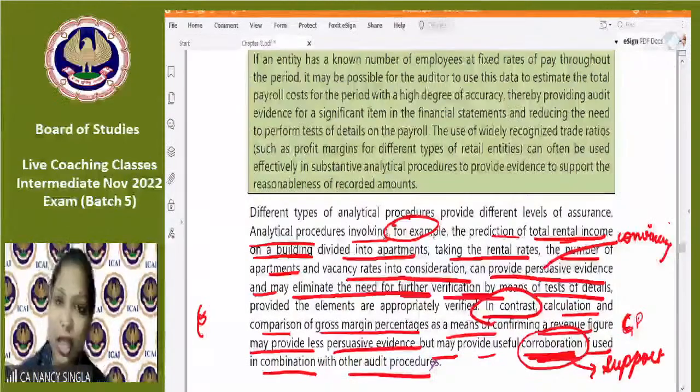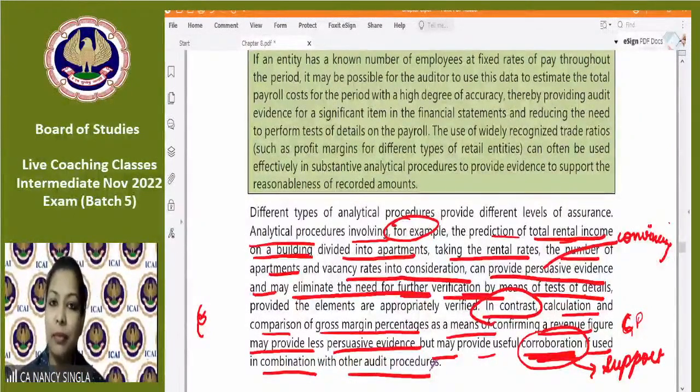P&L item को तो check करोगे ना, सिर्फ GP ratio पे थोड़ी ना you will depend. Yes, if there is an unusual fluctuation, you may extend your audit procedure on the P&L item. समझ आता है? ठीक है.